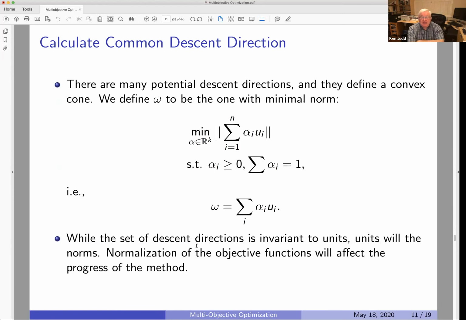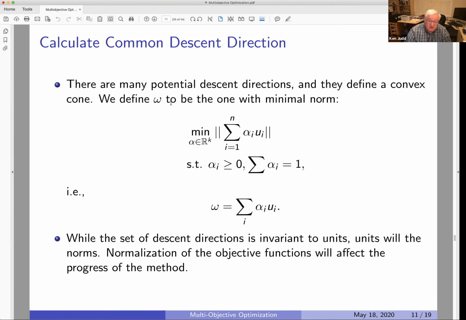Now, there are often many possible directions to go, and the set of descent directions is what we call a convex cone. It's a cone because you're looking at directions, basically infinite length vectors, and it's convex because if you have two vectors for which all the objectives descend, then any convex combination will also be a descent direction.